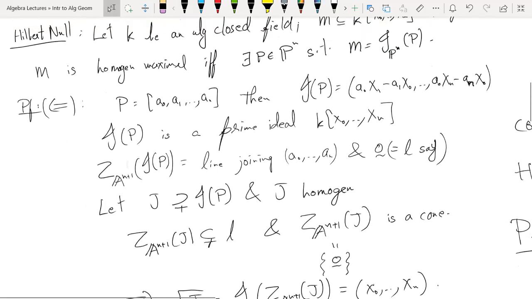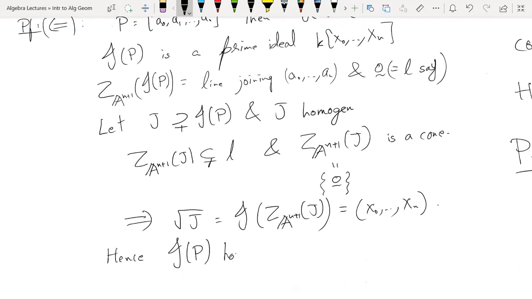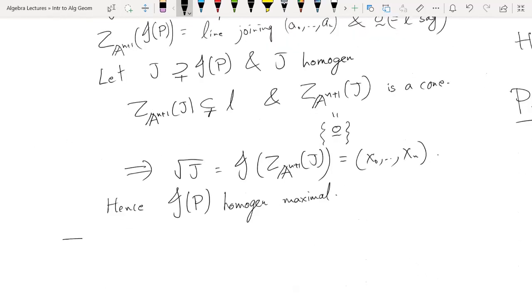So we have proved one direction. And I guess this direction doesn't require Hilbert Nullstellensatz like in the other setup. Now for the other direction, let M be homogeneous maximal.